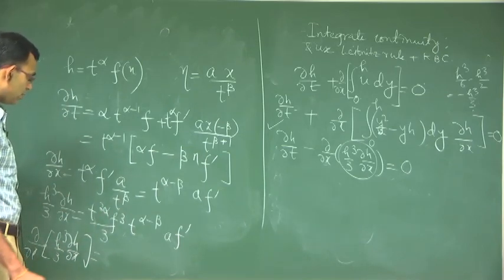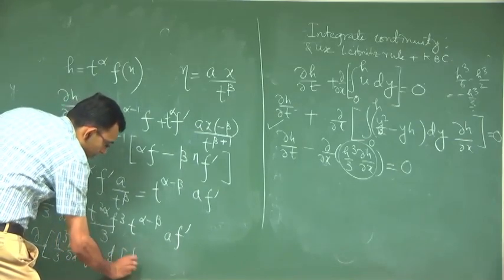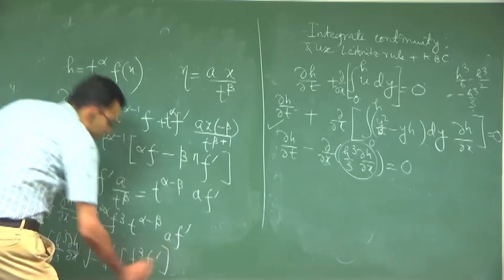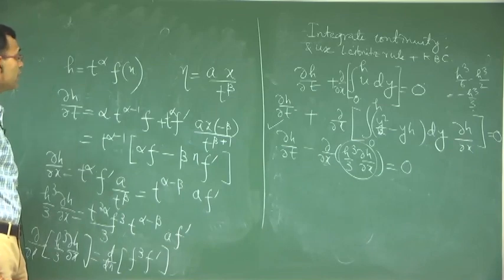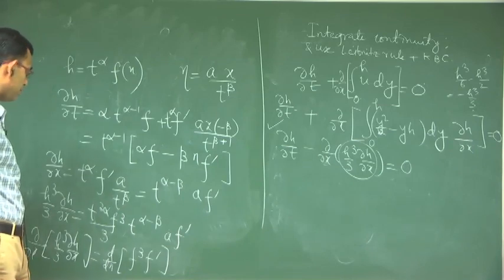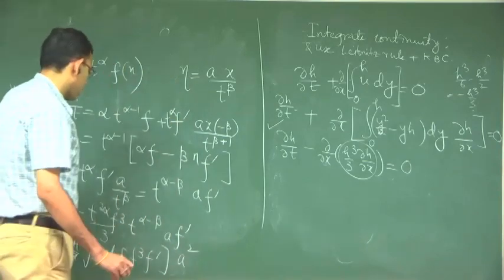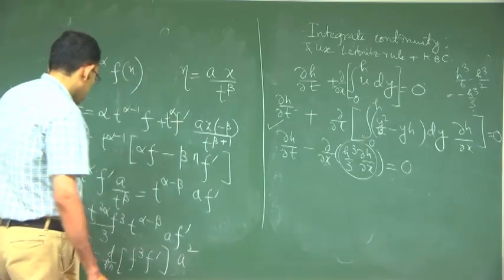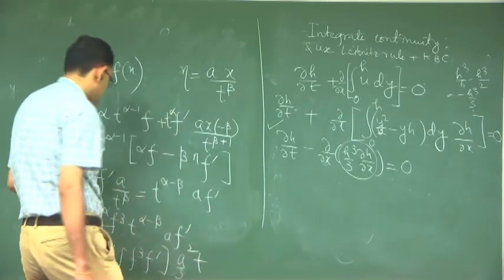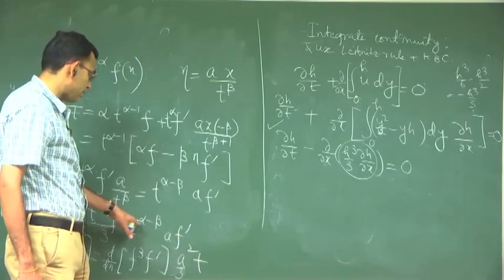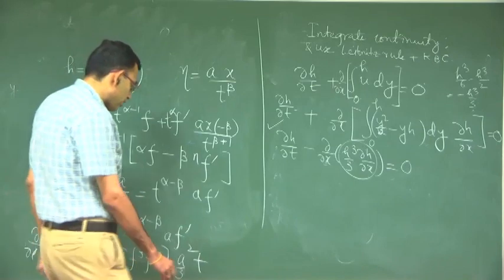So, d d eta of this is d d eta of f cube f dash, I will write the remaining coefficients subsequently, into del eta del x is a by t to the power beta. So, a square by 3 t to the power 3 alpha plus alpha, 4 alpha minus beta minus another beta. So, 4 alpha minus 2 beta.